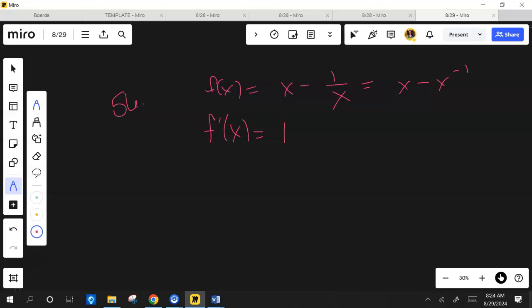Now can you take the derivative? Do the power rule. -1 times -1 is +1, and -1 minus 1 is... Same power rule you've been doing. Multiply, subtract 1.